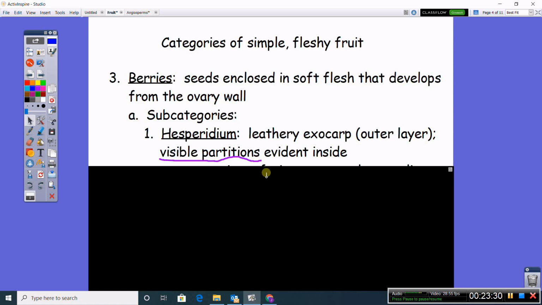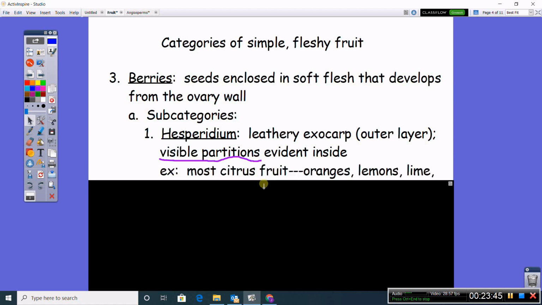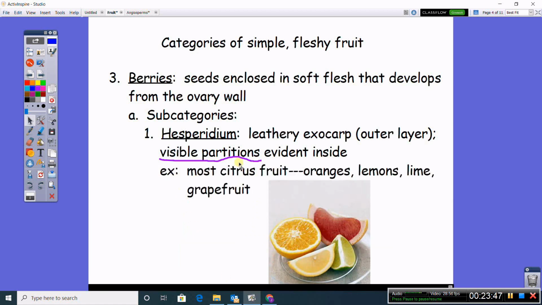What makes a Hesperidium different from all the other categories is that it has visible partitions. Okay, it's got separation. So you think, okay, what kind of fruit do I eat that has separations, dividers? Okay, an orange, a lemon, a lime, a grapefruit. Okay, most of your citrus fruits are going to be Hesperidiums.